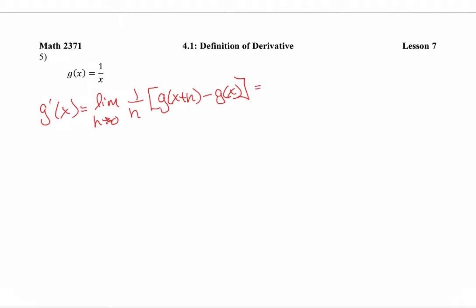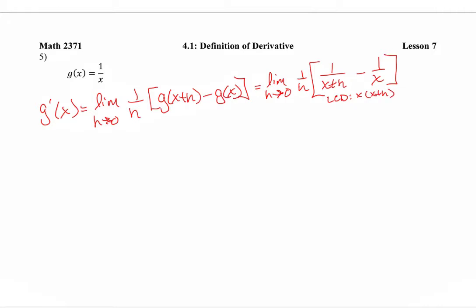The reason I did it is because now when I write this here and I put it in, I get 1 over h times 1 over x plus h minus 1 over x. All right, so I'm getting a multiplication of two fractions. I'm going to find the LCD of the bracket, and so that's going to be x times x plus h.